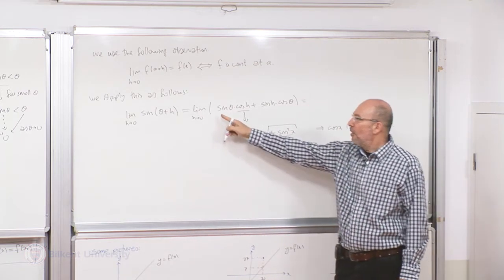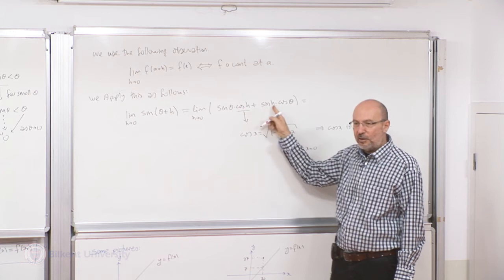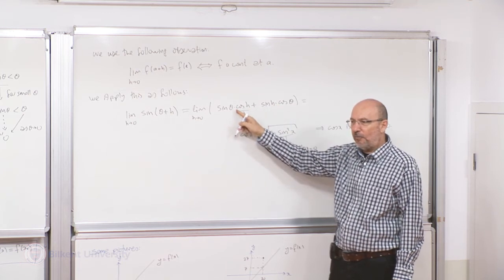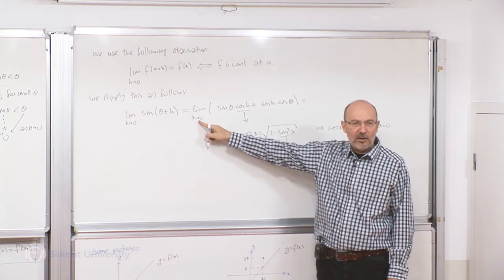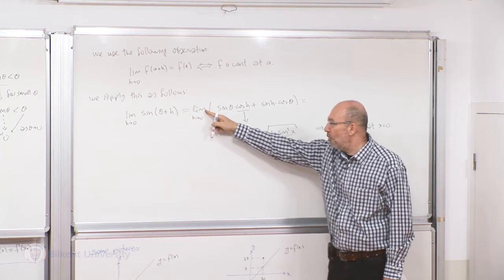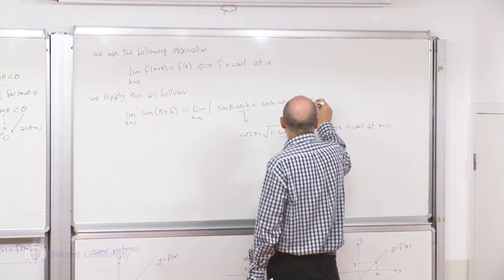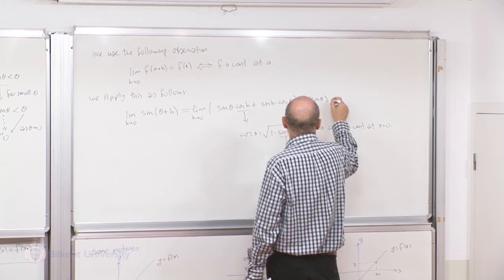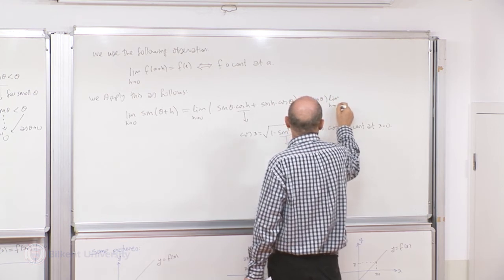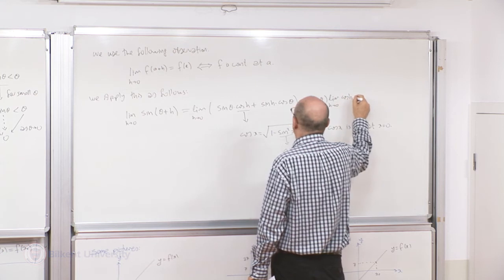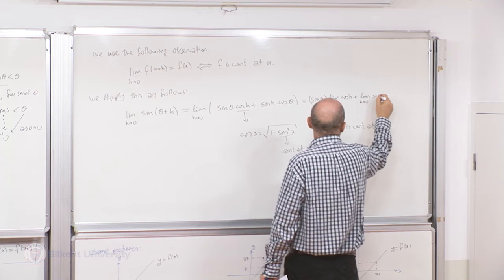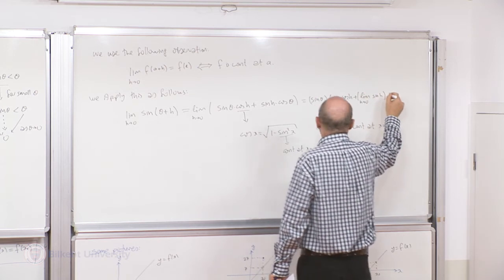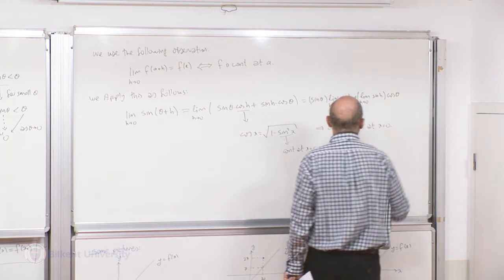Also, I have that the limit of a sum is the sum of limits. The limit of a product is the product of limits, but this is constant. We are only taking the limit as h goes to 0. So only h is moving, theta is fixed. So this is a constant, so this limit comes here. So what I have is the following: sine theta, which is a constant, times the limit as h goes to 0 of cosine h, plus the limit as h goes to 0 of sine h, and then I have this constant cosine theta.